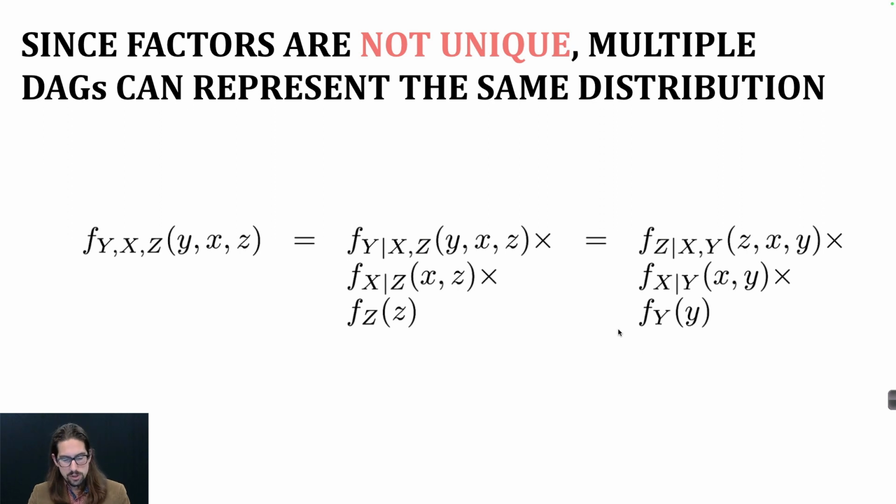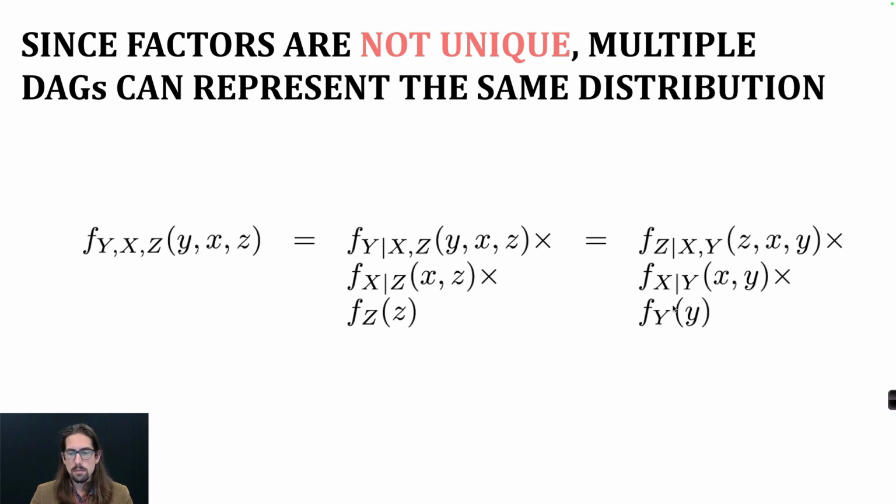So here's something that's interesting. The factors are not unique, right? We already saw, again, in the previous lecture, that it just doesn't matter which way we factorize this joint distribution. I could write it like this as a function of z times the conditional density of x given z times the conditional density of x and z, whatever.